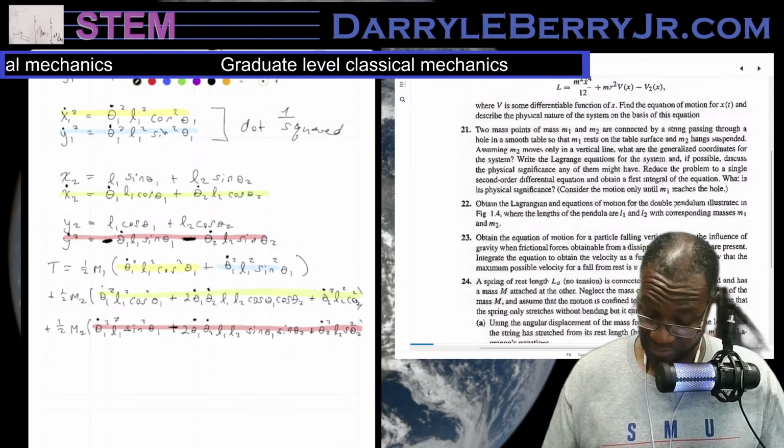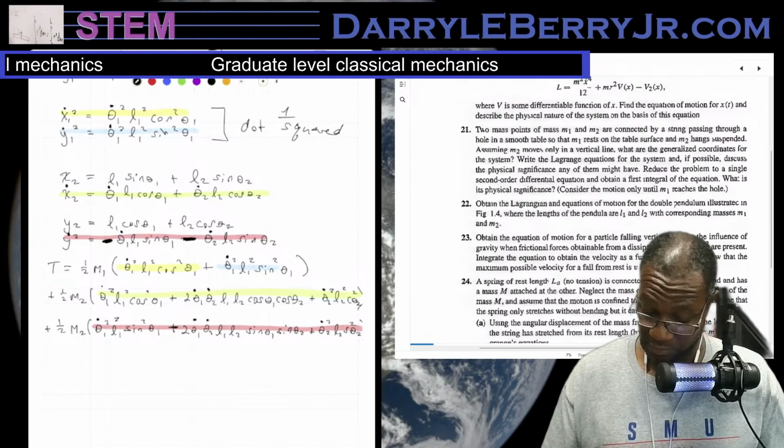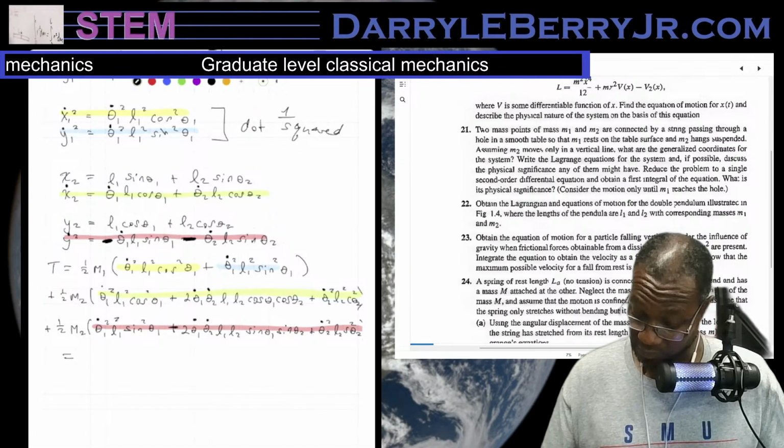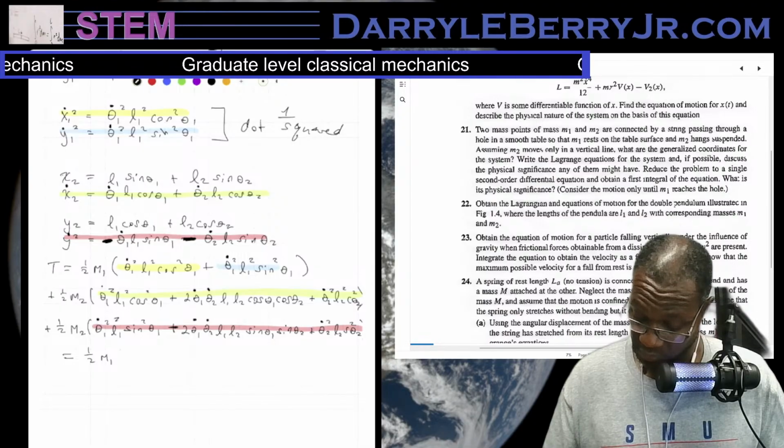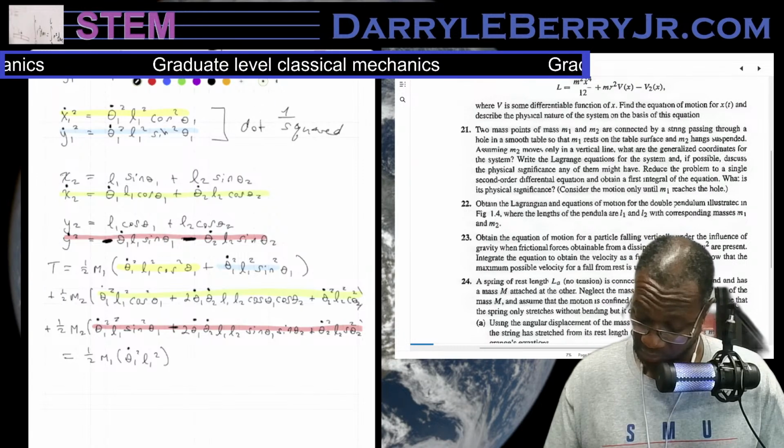So let's simplify some of this. T equals 1/2 M1 theta 1 dot squared L1 squared.